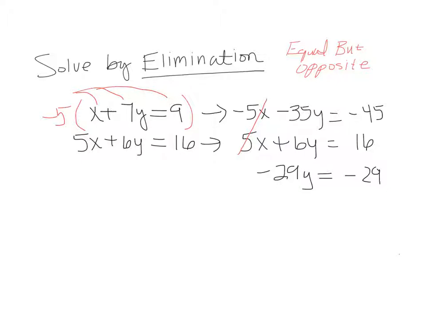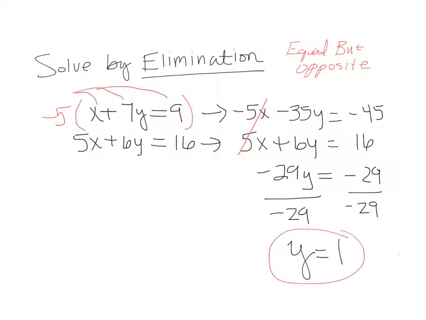Okay, so then our last step to solve for y is to divide by -29. And we end up with y equals 1. I'm going to go ahead and circle that for right now.